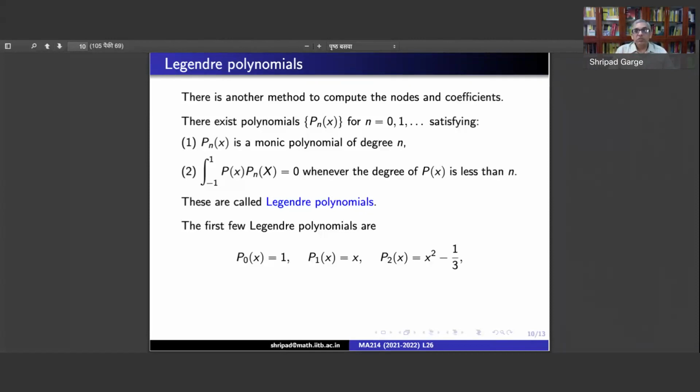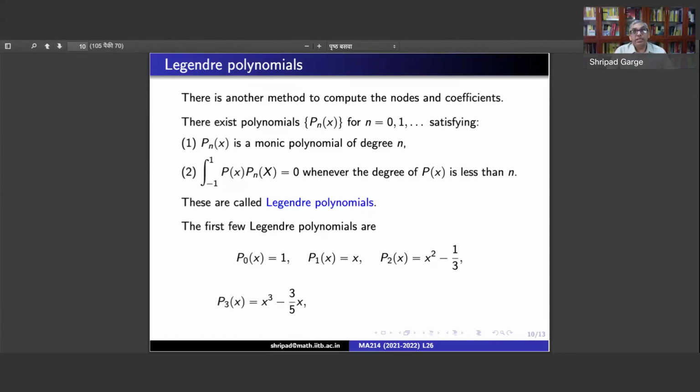That will give you two conditions, and monicity will tell you that the highest degree coefficient is 1. So you have to only compute the two coefficients, which can be computed using the two conditions. P3 happens to be x cube minus 3 by 5 x.